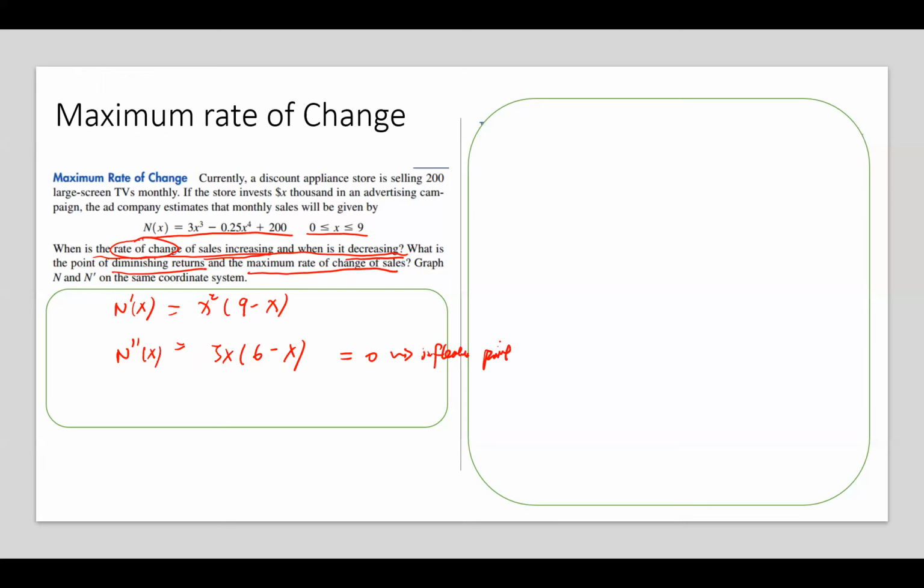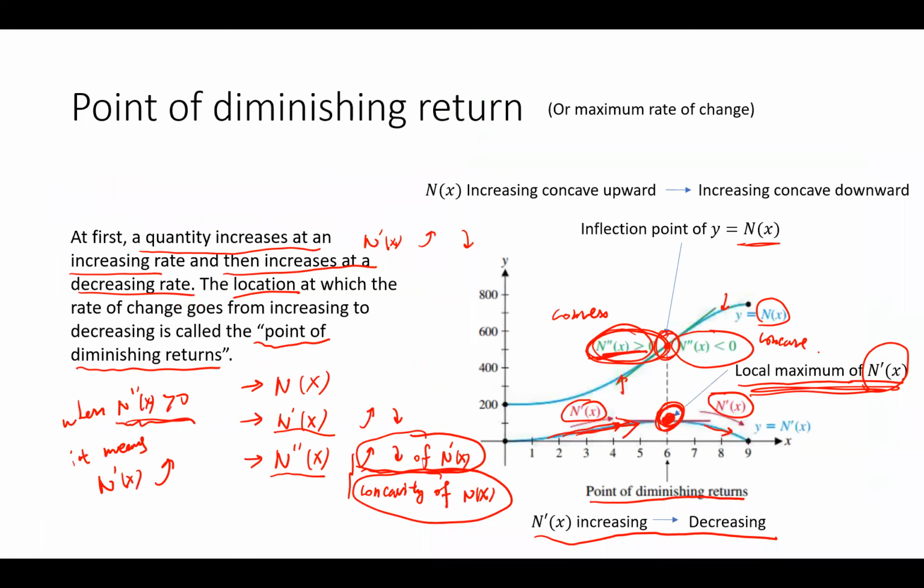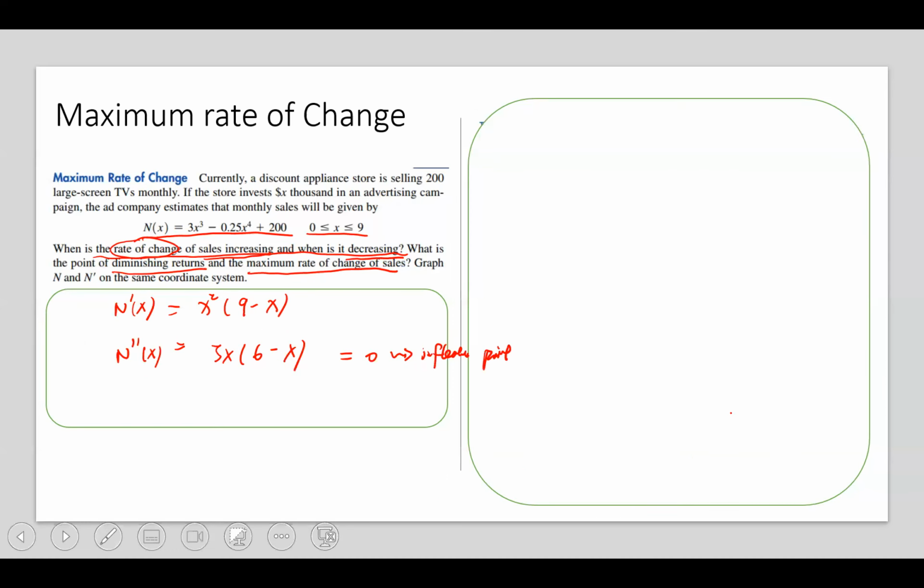We want this inflection point to be a local maximum, so on the left it has to be positive and on the right negative: it's increasing and then decreasing. By equating the second derivative to 0, we get x equal to 0 or 6.